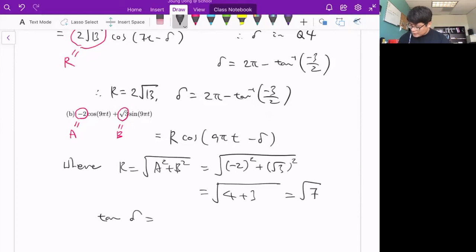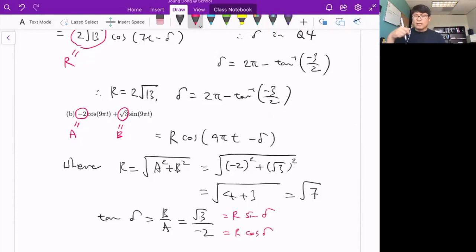Tangent delta is B over A, which is square root of 3 over negative 2. But remember, your B came from R sine delta and your A came from R cosine delta. Think about it.